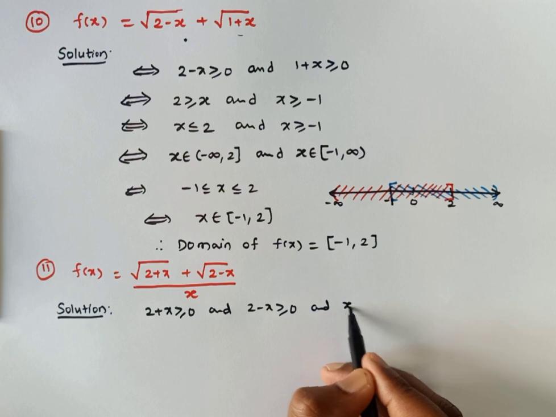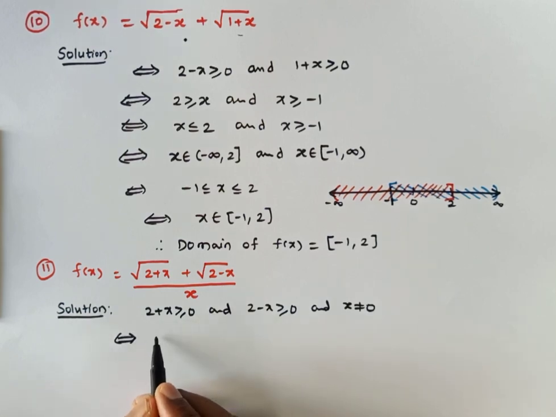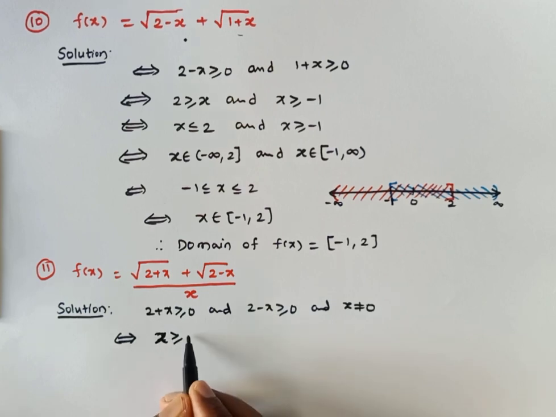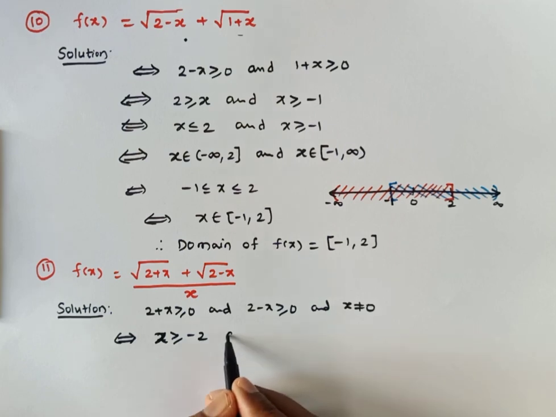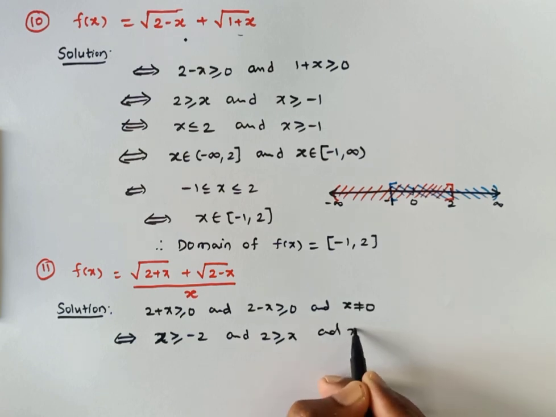The denominator is only the single function x, so x is not equal to 0 is enough. So this is if and only if 2 plus x is greater than or equal to 0, meaning 2 is greater than or equal to minus x, or sorry, x is greater than or equal to -2, and here 2 is greater than or equal to x and x is not equal to 0.